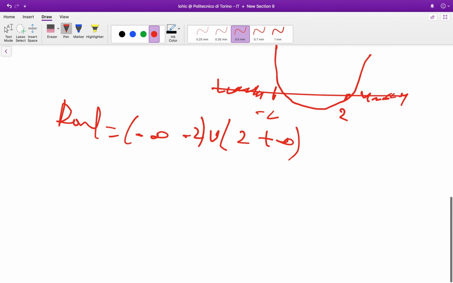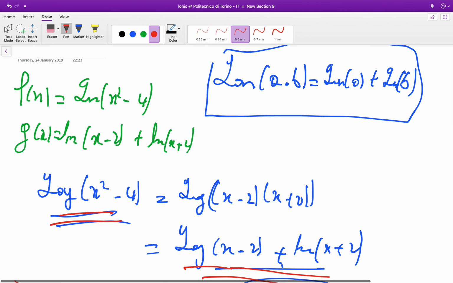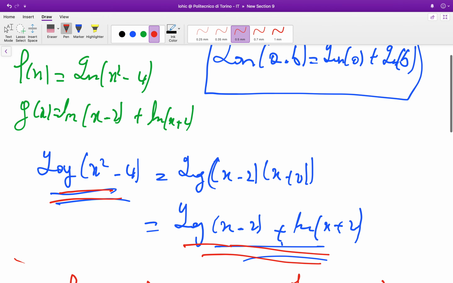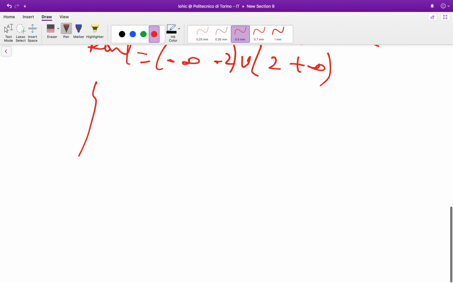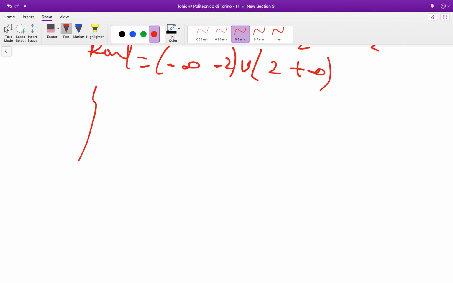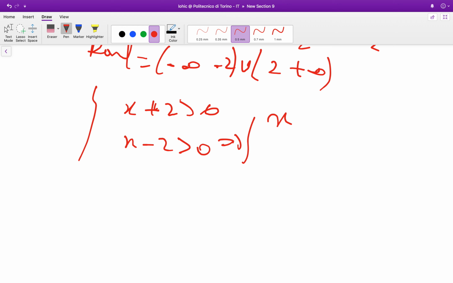Now if you find the domain of g, how many logarithms do you have in the g function? Two logarithms, right? So you have to set two conditions. You have x minus 2 greater than 0 and x plus 2 greater than 0. This will lead to x greater than minus 2 and x greater than 2, right?